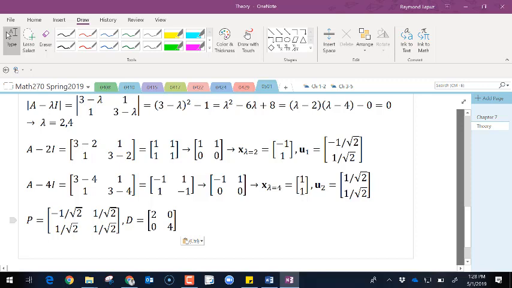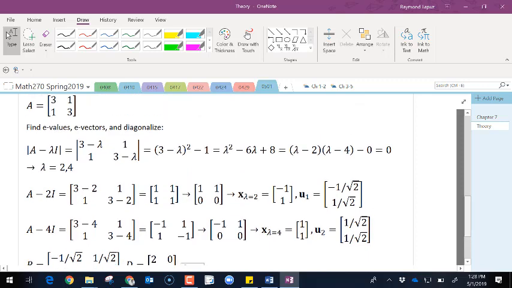This is a 2 by 2, so it should be easier, right? So your example is your matrix A is 3, 1, 1, 3. It's symmetric. And so according to the theorem, you're guaranteed to have an orthogonally diagonalizable matrix. Not only that, you should have two distinct eigenvalues, and the eigenvectors for those two distinct eigenvalues will be perpendicular.